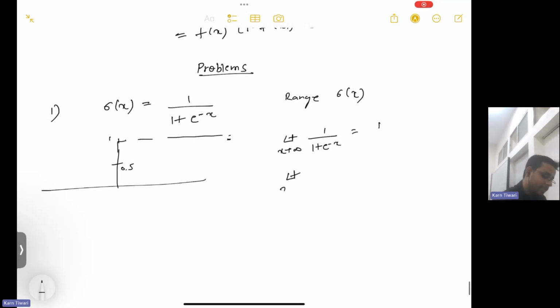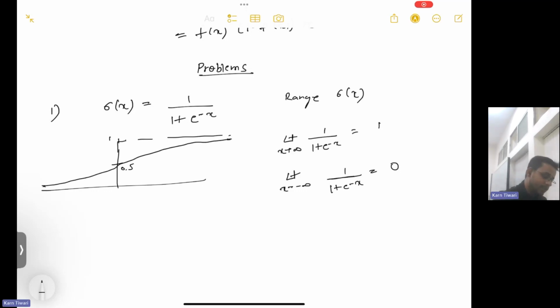Similarly, as x tends to minus infinity, it's 1 divided by 1 plus e to the power minus x. E to the power minus of minus infinity is equal to e to the power infinity. 1 divided by e to the power infinity is equal to 0. The function looks like this.